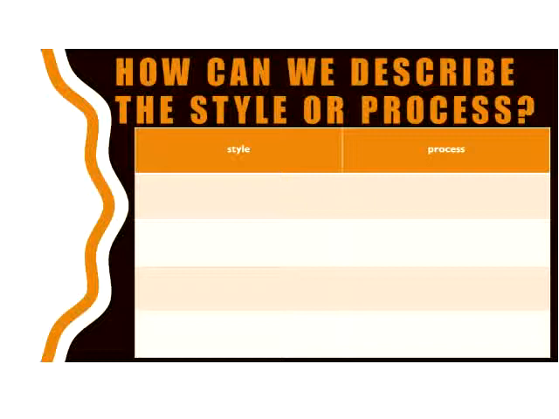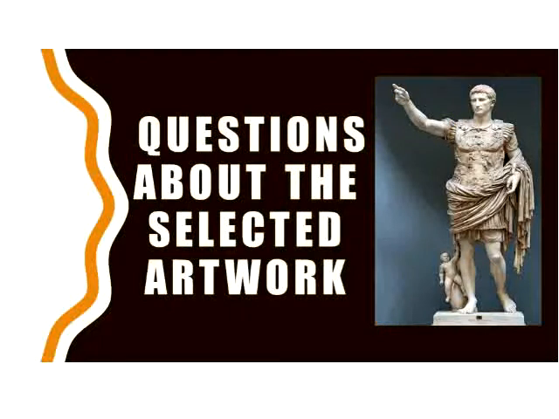Going here, how can we describe the style or process of the above work? I'll go back to this image for us to see real quick again. So the style or process. Notice the Roman process is very much like the Greeks, except they're a little bit more practical.